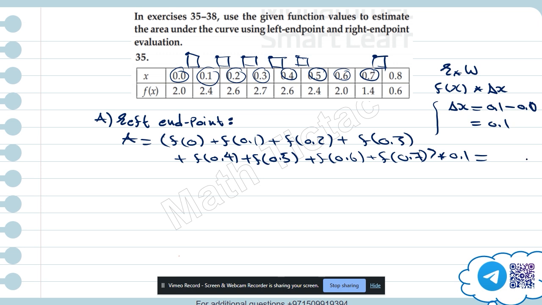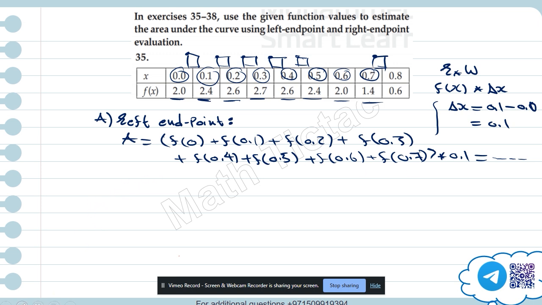Then basically I can find the final answer. Now you have to substitute: f of 0 is equal to 2, f of 0.1 is equal to 2.4, then 2.6, 2.7, 2.6, 2.4, and so on until reaching 1.4. So you substitute these values, and after that you will get your final answer.